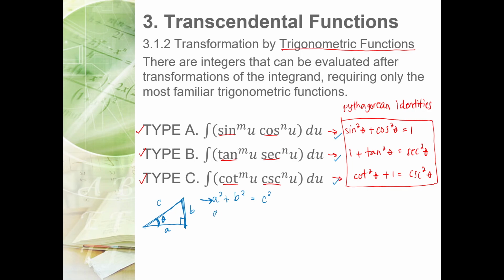So we have a squared over c squared plus b squared over c squared is equal to 1, right? Furthermore, we can unify the terms into one squared term, so that will be a over c, squared, plus b over c, squared, is equal to 1.